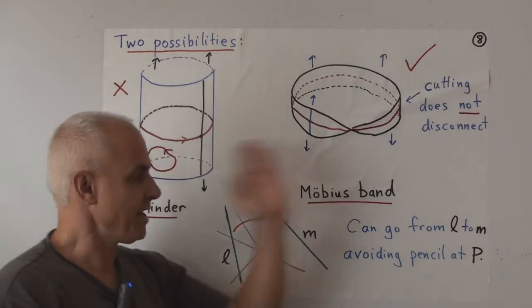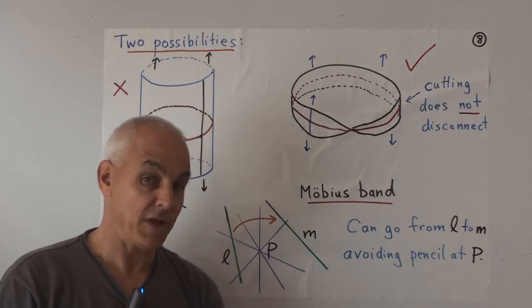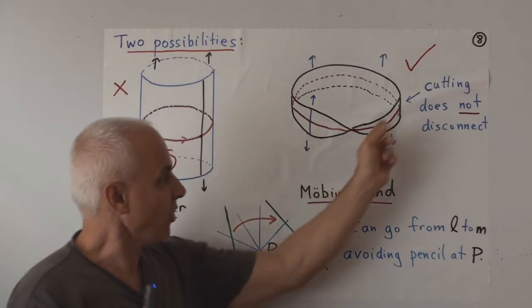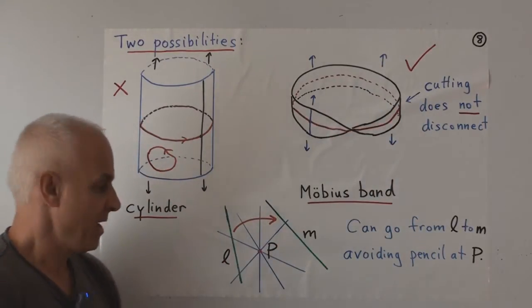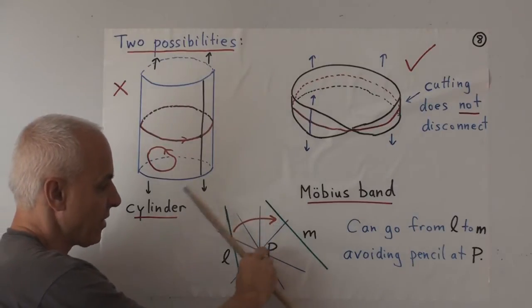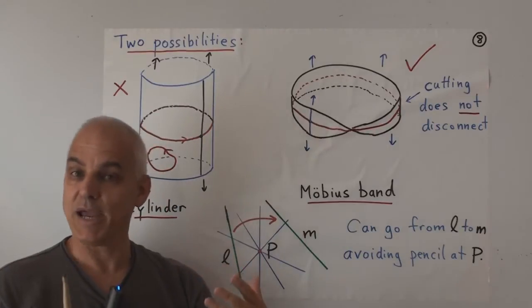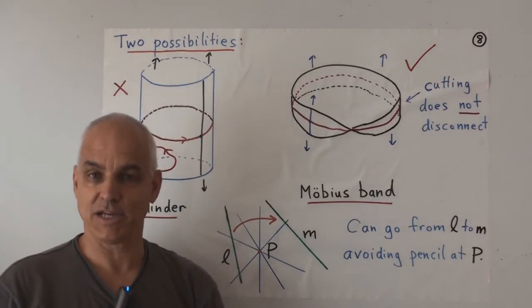So how can we see that the lines in the plane are really a Mobius band and not a cylinder? We can use this property. So the analog of cutting out a circle is to consider a pencil of lines through a point P, that naturally forms a circle in the space of all lines. So suppose we cut out that particular circle.